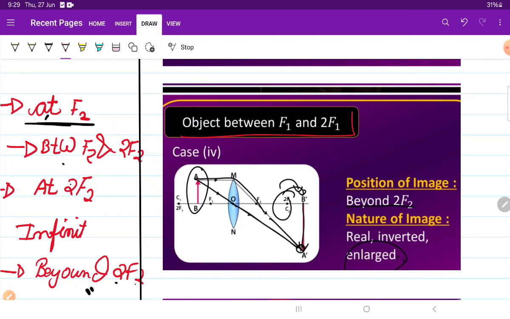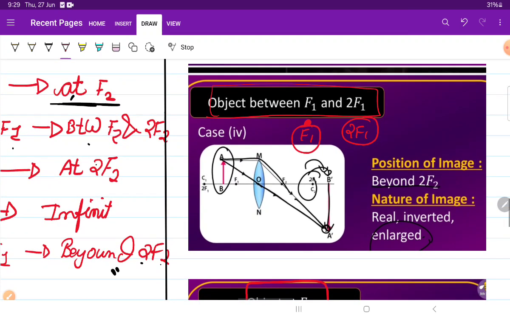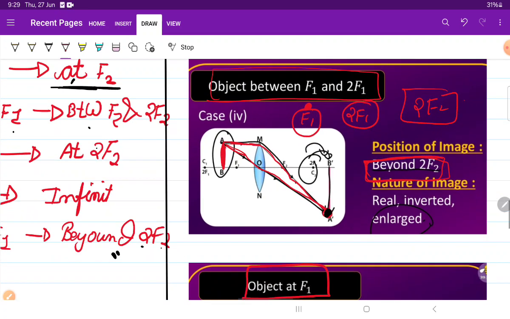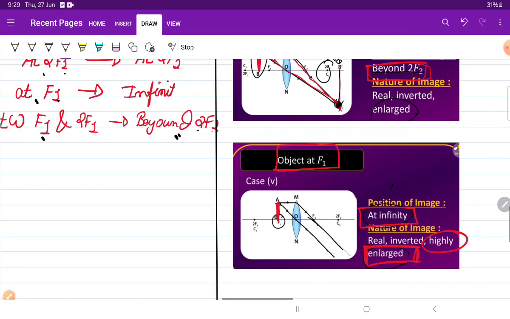First, put the object between f1 and 2f1. One ray parallel to the principal axis passes through f2. The second ray passes through the optic center. Then the intersection of both is beyond 2f2. So the position of the image will be beyond 2f2.